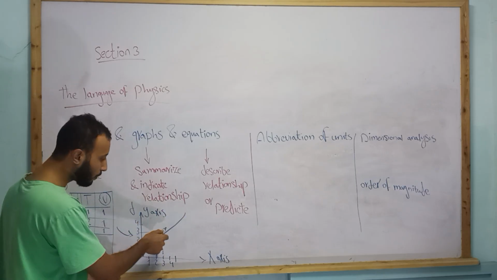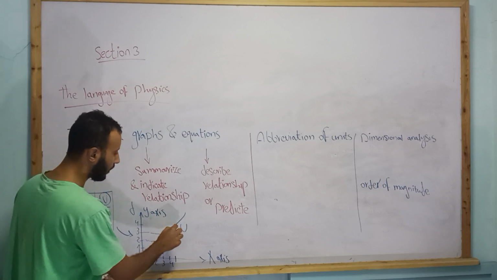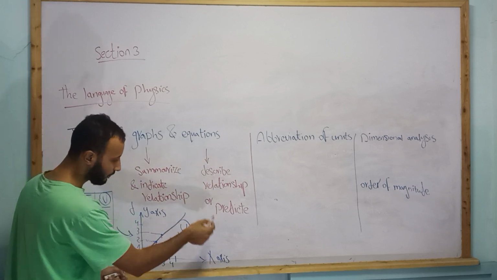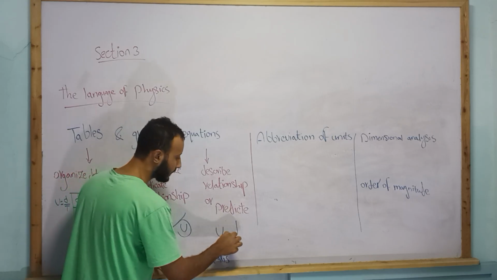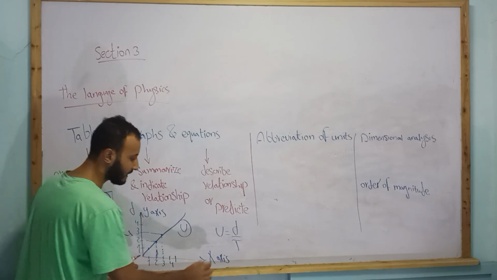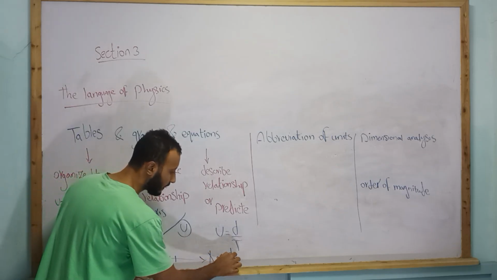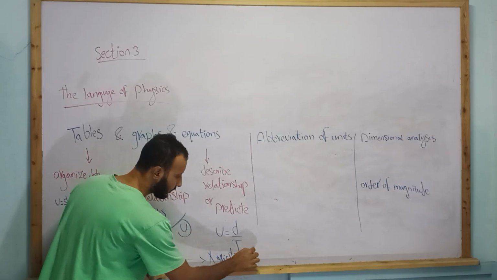Because if you get the slope of this graph, you can get the velocity. Why? Because from the equation, velocity is equal to distance over time, that means the distance is equal to velocity times time.